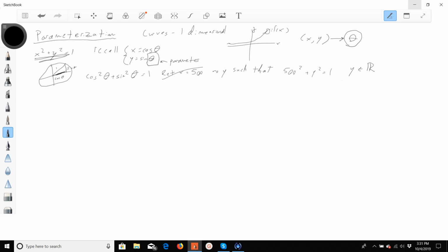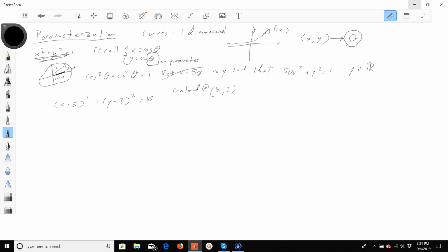Okay. So now let's try a more complicated circle. x minus 5 squared plus y minus 3 squared is equal to 16. Now you may have learned this, you may have not, but this circle is centered at 5, comma 3.